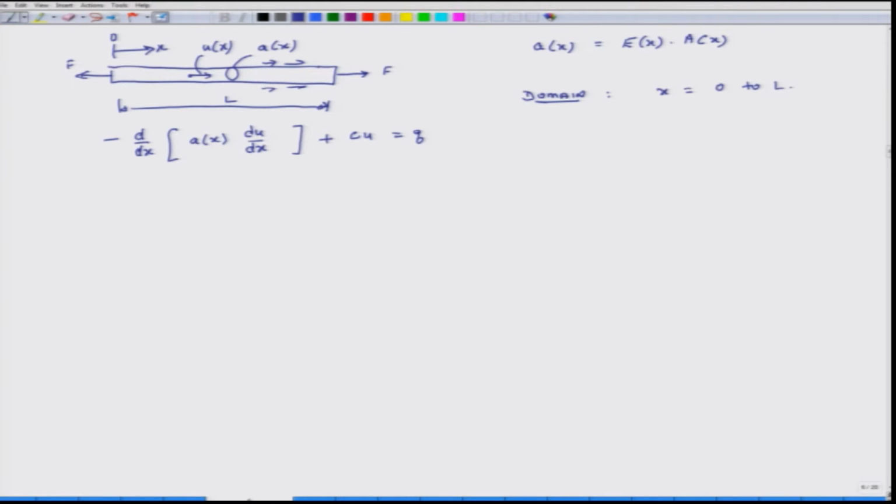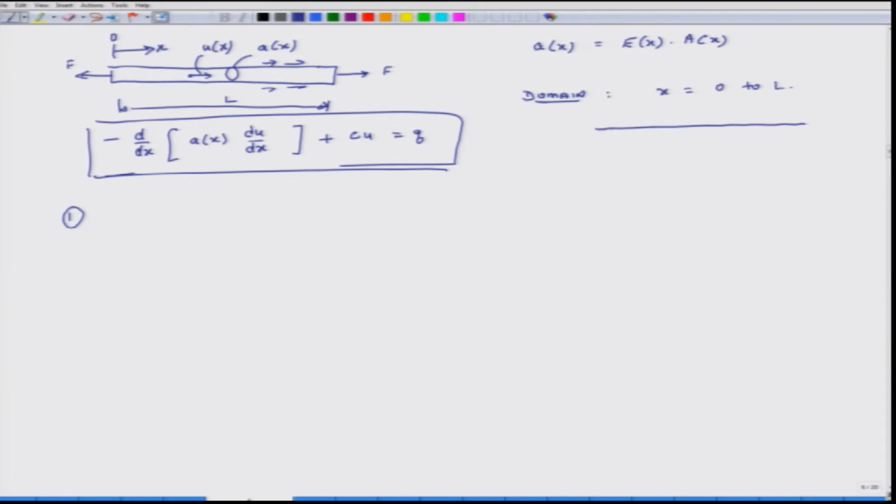Now, if I have to develop a finite element formulation for this problem, the first step is to discretize the domain. So, I break this up.